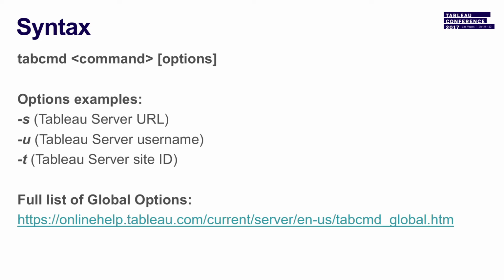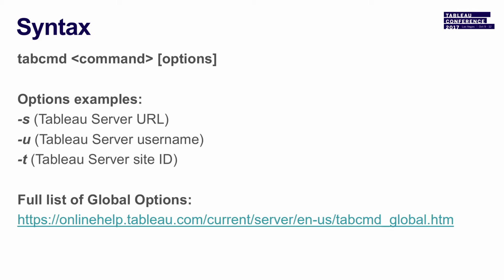Options allow us to specify different variables, which site we want to log in to, where is the workbook that we want to publish, where we want to save it, etc. So each command is different and comes with different options. And the best place to find those options is to go to the online help on our website. And there you will see a full list of all the different options and how each command works.